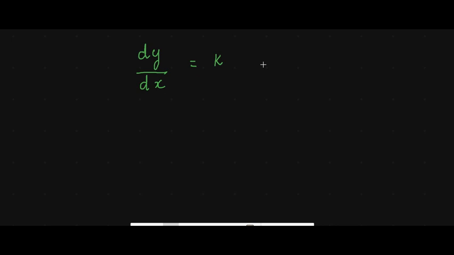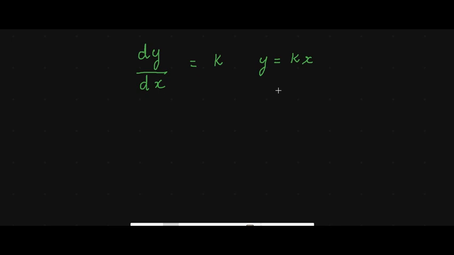That means dy by dx is actually just a constant. Then y is equal to kx, k multiplied by x.